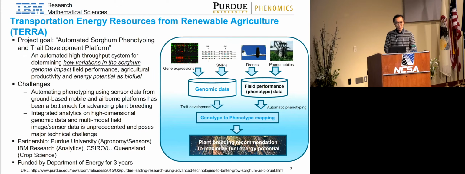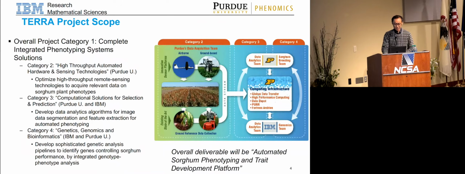This is a major technical challenge as well. The partners and the duration are written here. And these two areas of major challenges correspond to the two topics that I'm going to describe. They also correspond to what they called Category 3 and Category 4 in the overall TERRA project.